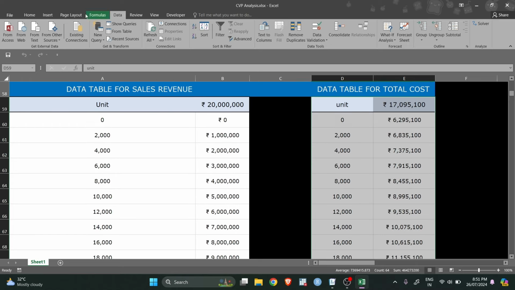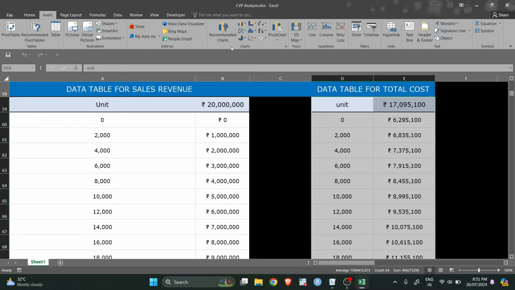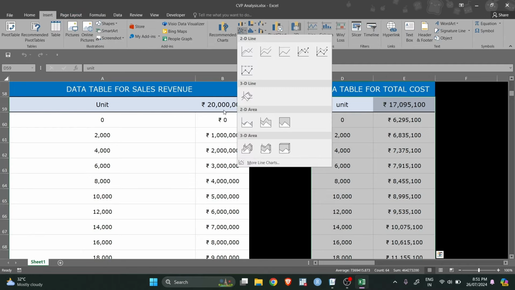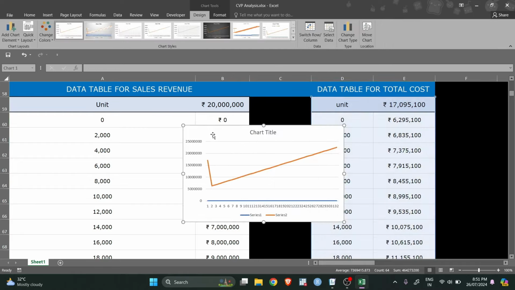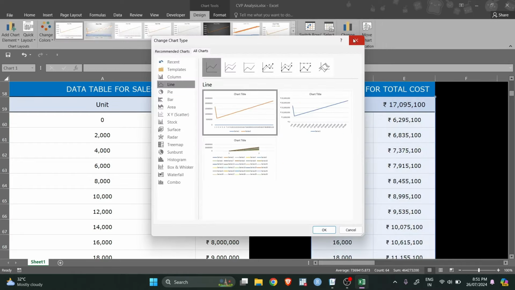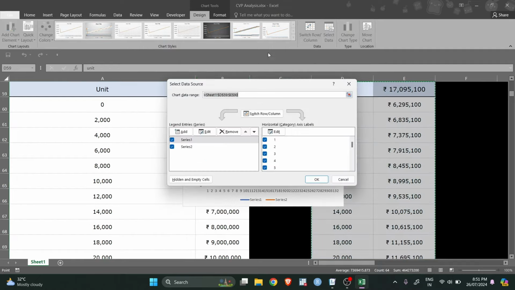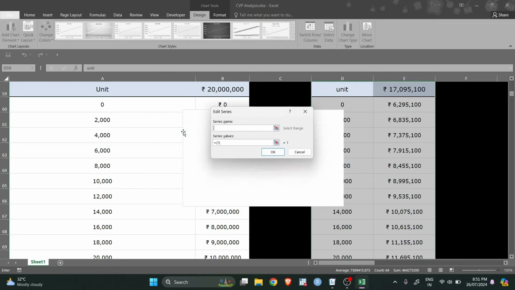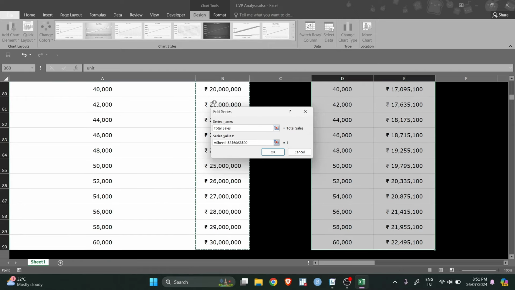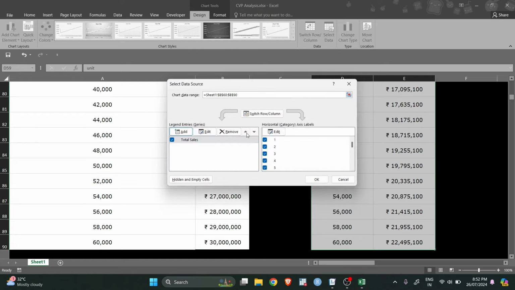So let me draw the graph. Go to lines, select data. Let me remove all this, add series name. Let's say first is my total sales or total revenue, starting from 0 all up to this.